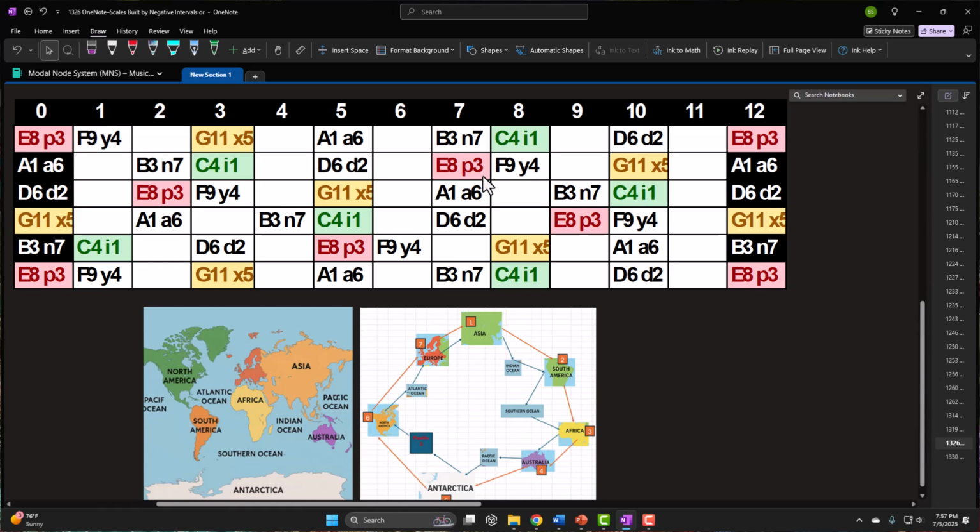Now, if we were to move up to C sharp or D sharp, and so on and so forth, just like the globe spinning around, all of the continents would be spinning around and still have the same relative positions. That's why it's more efficient to be looking at it this way.